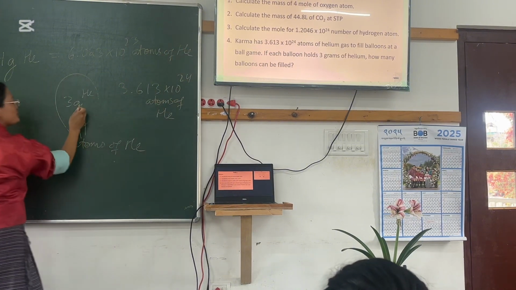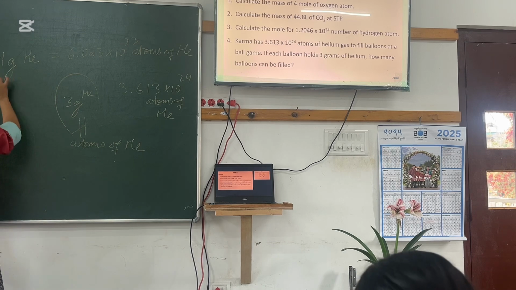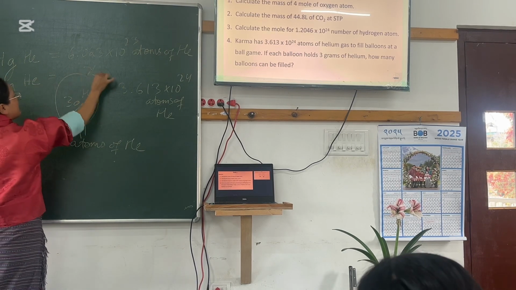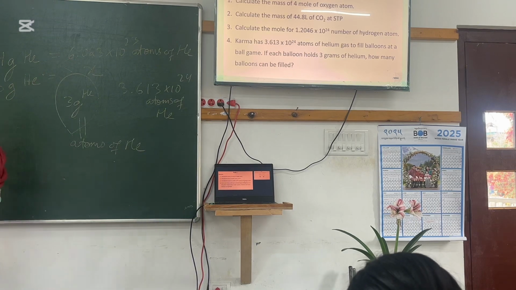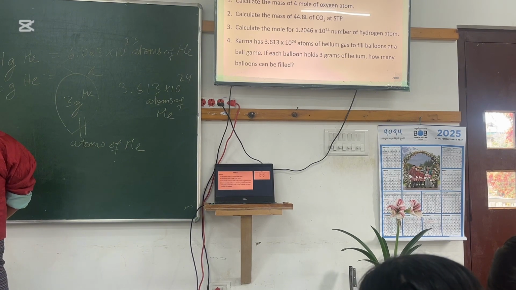Now, in each balloon, it is only 3 grams. So in that 3 grams of helium, how many total helium atoms are there? Find out. Do not round it off here. Keep it to 4 or 5 decimal places.